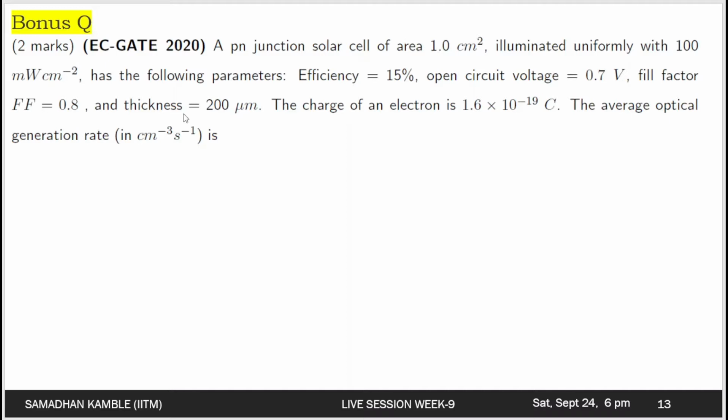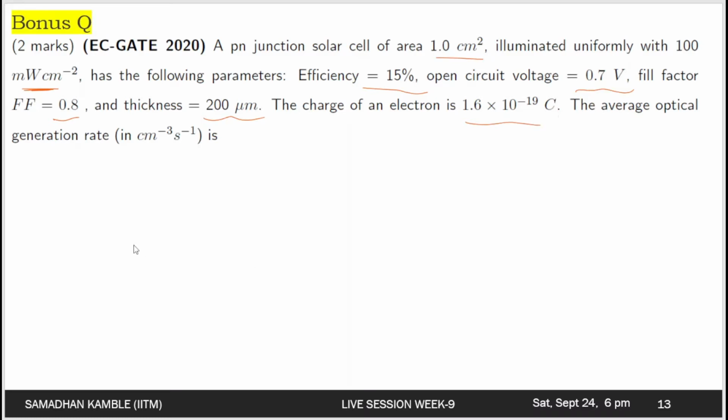A PN junction solar cell of area 1 centimeter squared is illuminated uniformly with 100 milliwatt per centimeter squared of power and has the following parameters: efficiency of 15%, open circuit voltage of 0.7 volt, fill factor of 0.8, thickness of 200 micron. The charge of the electron is 1.6 times 10 to the power minus 19 coulomb, and the average optical generation rate is asked in per centimeter cube per second.